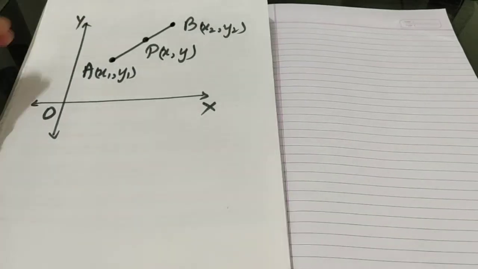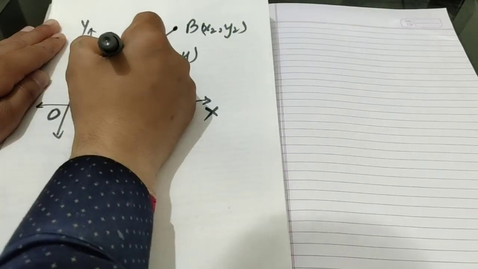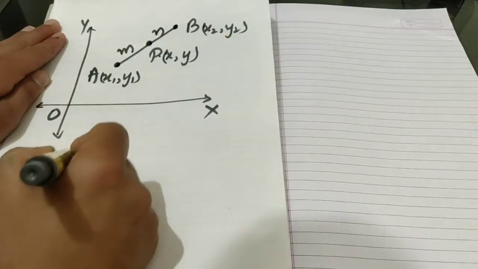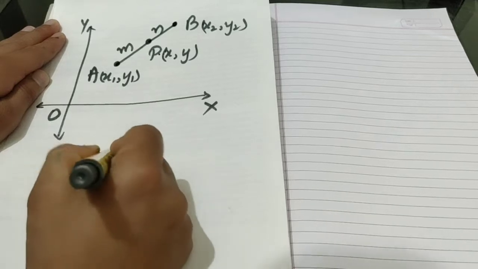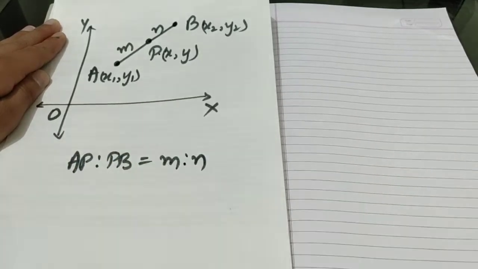And let us suppose that point P divides line segment AB in m ratio n. It means it is given that AP ratio PB equals m ratio n.